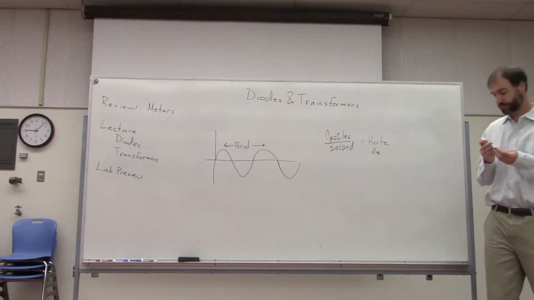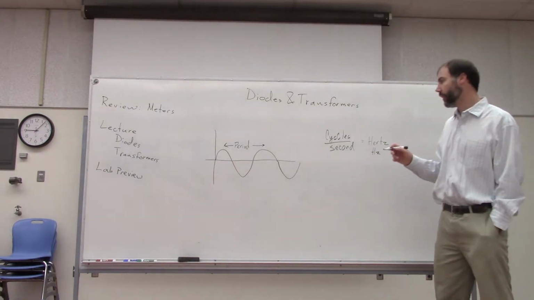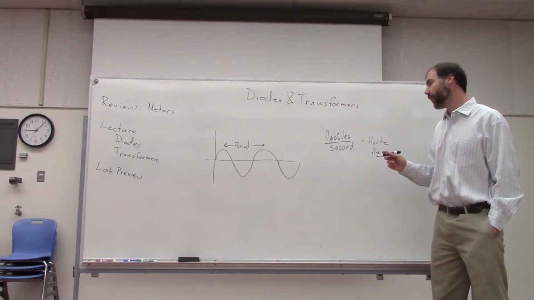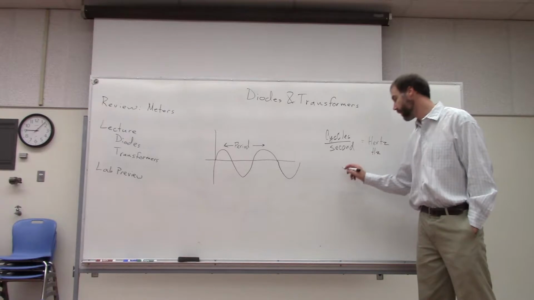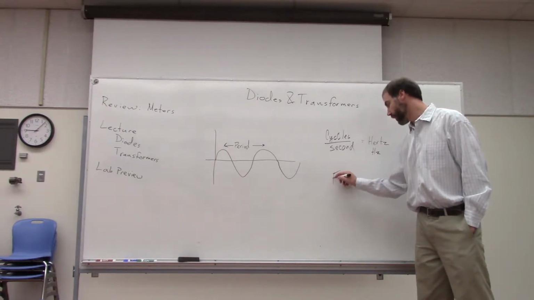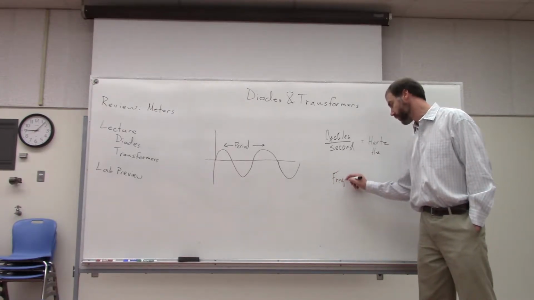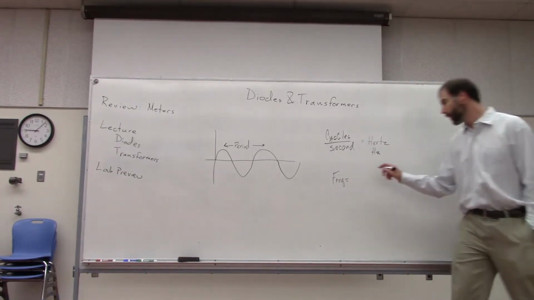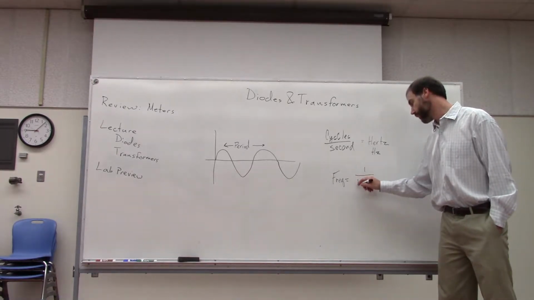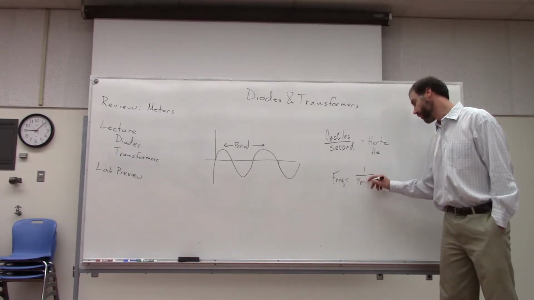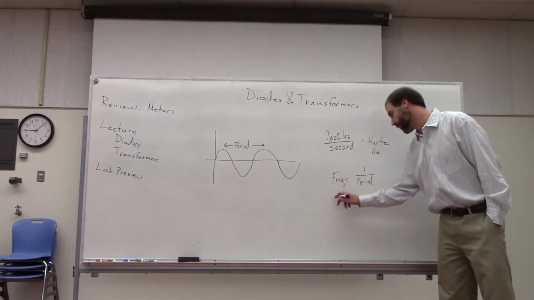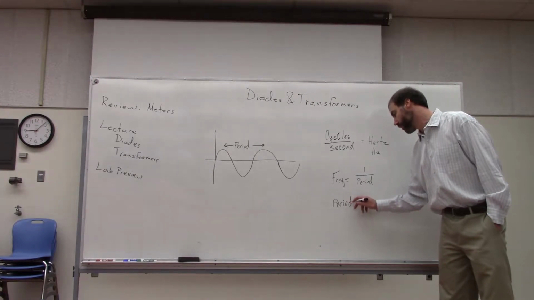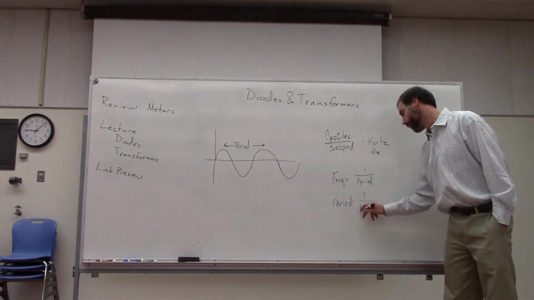So we have a formula that allows us to calculate the period if we know the frequency, or calculate the frequency if we know the period, right? We could say frequency equals, what was the formula? 1 over the period. Yeah, 1 over the period. And similarly, the period equals 1 over the frequency, right?